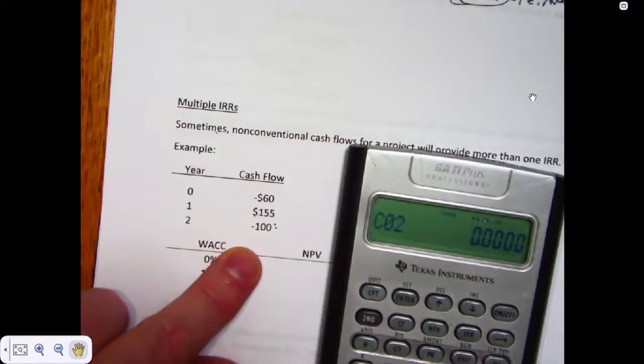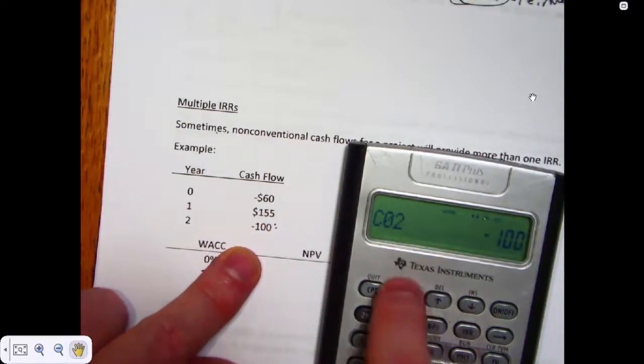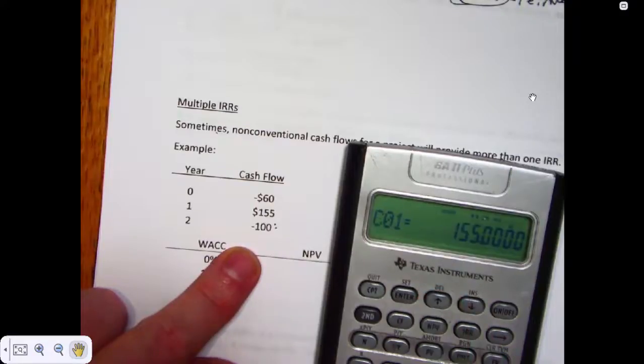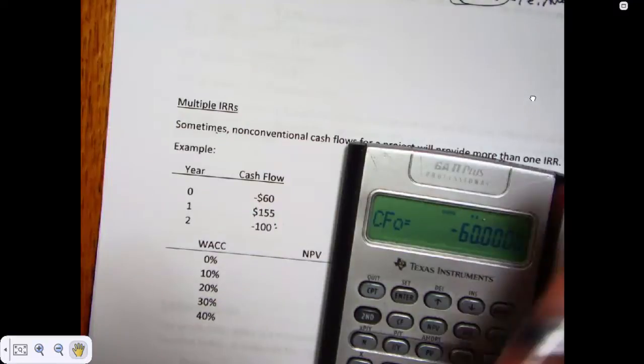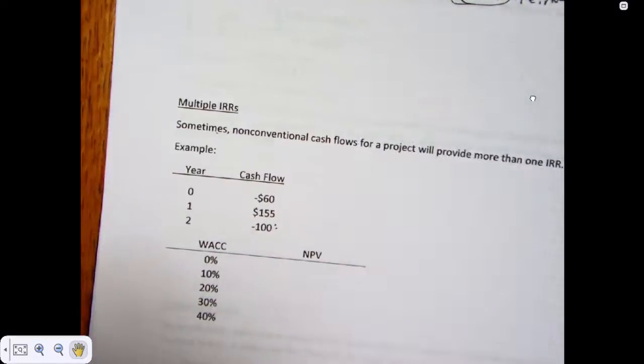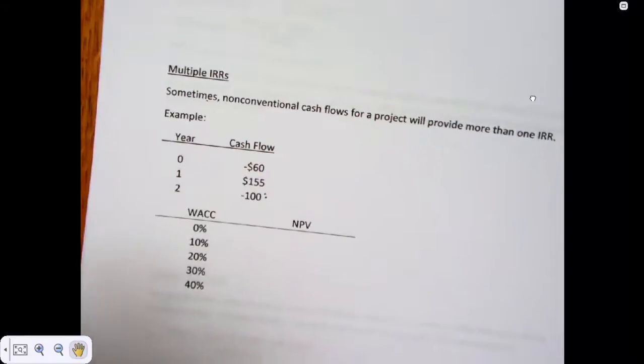Now if you're looking at this, you might be saying, why would you even consider this project? I probably wouldn't. Our negative cash flows are more than our positive cash flows. Typically we'd shy away from this, but it is a way to demonstrate an example of multiple IRRs. So I've got my cash flows in there.